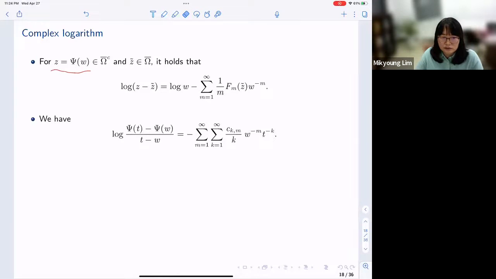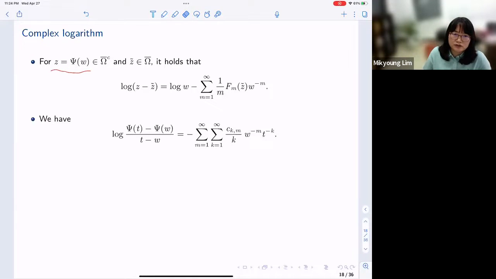And when you have (psi(t) minus psi(w)) divided by (t minus w), the log function has an expansion in terms of the Grunsky coefficient divided by k.